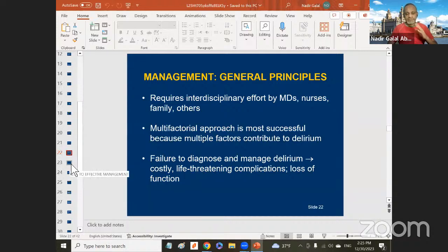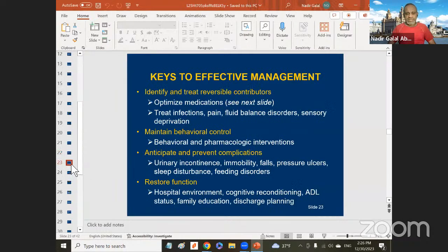So there might be more than one component for treating the underlying cause or causes. Again, the main point is you identify and treat the reversible causes of the problem.